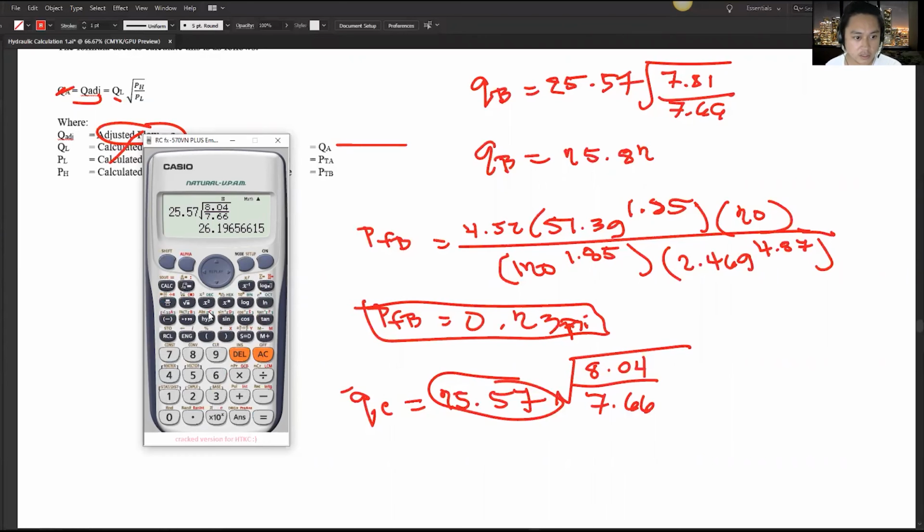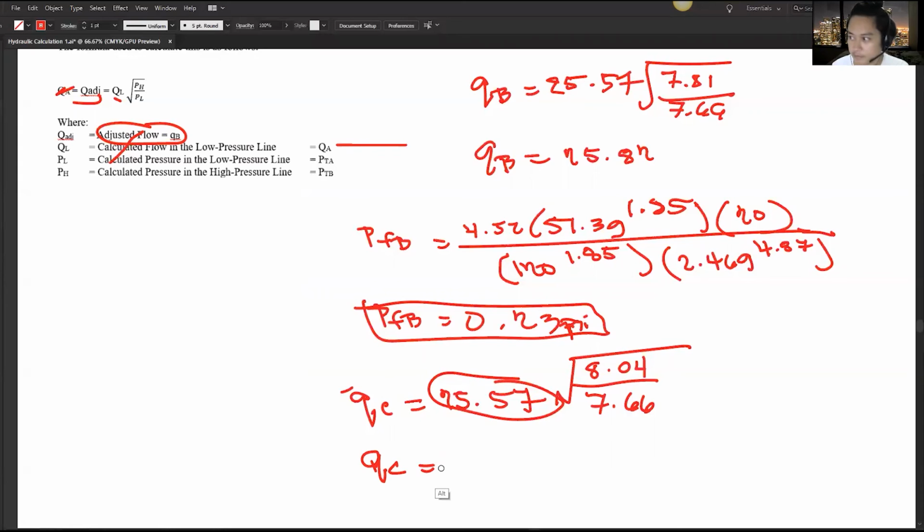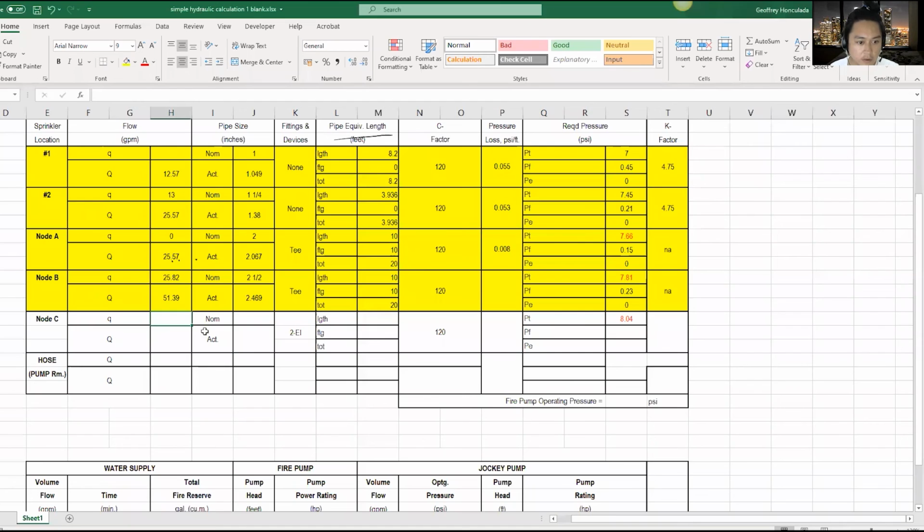So that's equal to 26.2. I'm going to input that in our table now.